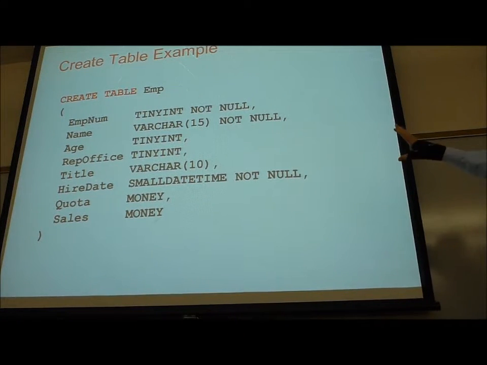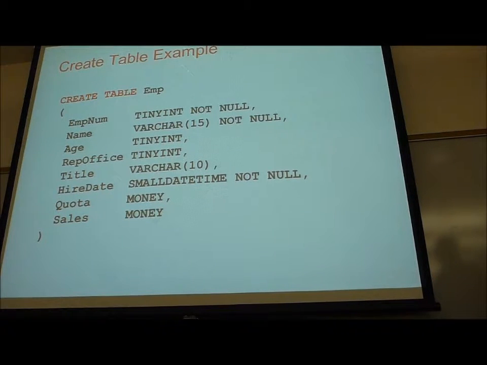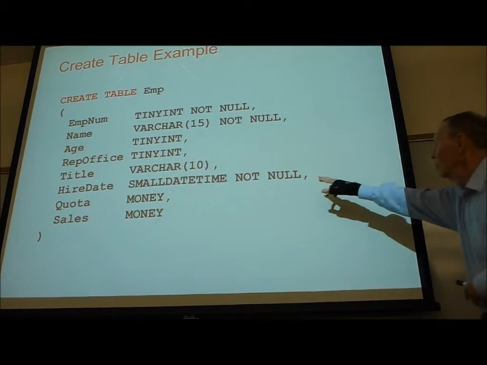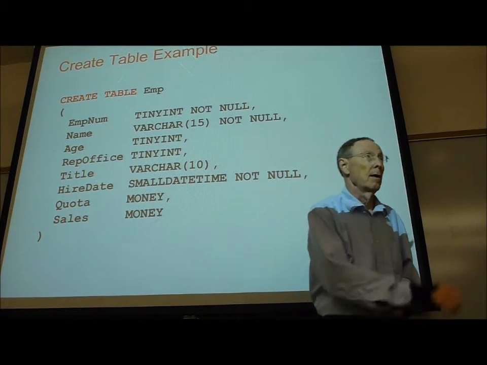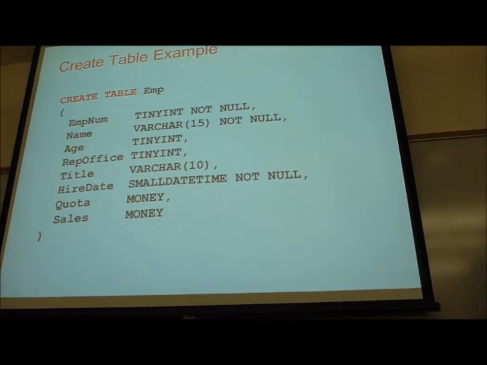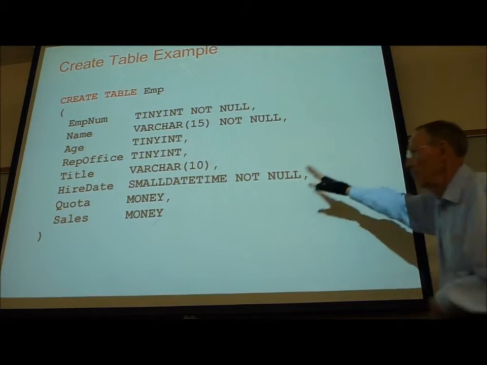The others can be empty. And then they'd have null, which means there's no entry, and that means that little flag bit on each of those fields is set to 0. These will be set to 1, because I've had an entry. And that's the thing we test when we look to see if it was null or not. Okay, so this is an example of a table.